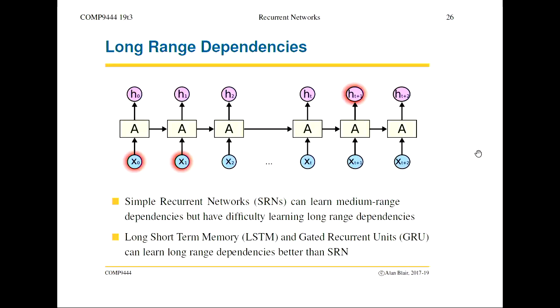So in the late 1990s, Hochreiter and Schmidhuber were struggling with this, and they came up with an alternative architecture called long short-term memory, which is able to learn these longer range dependencies. And more recently there was something similar but a little bit simpler called the gated recurrent unit.